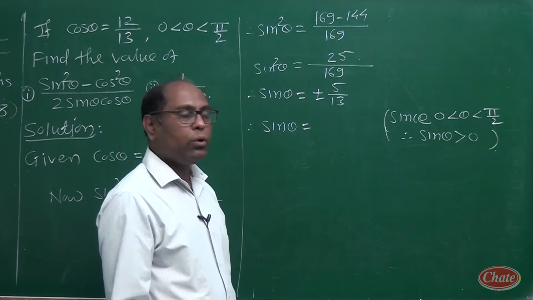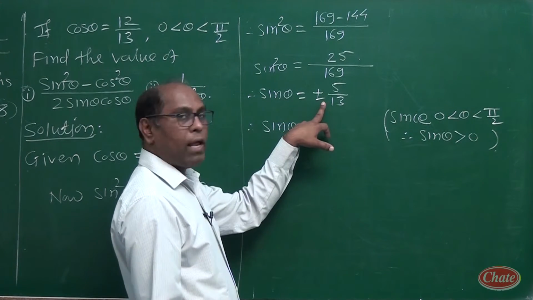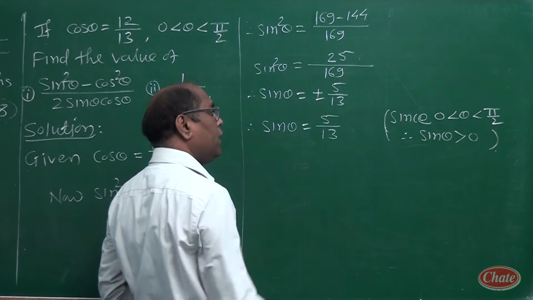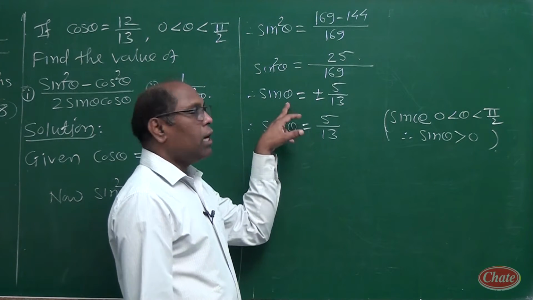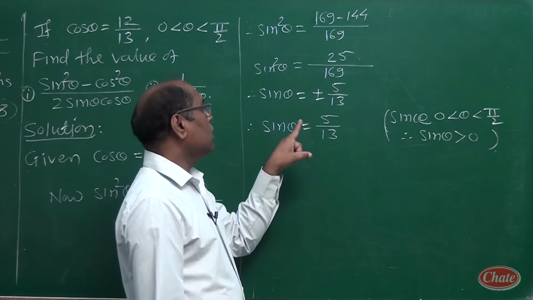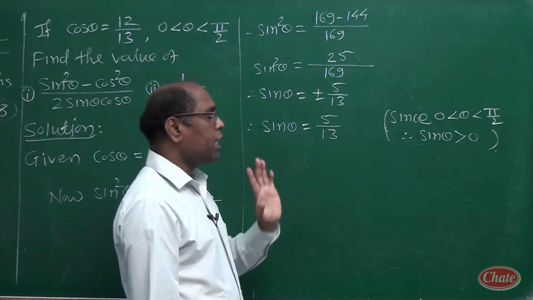Hence we have to take the positive value here. So sin theta is equal to 5 upon 13. In the first quadrant sin is positive, hence here we have taken the positive value of sin theta.